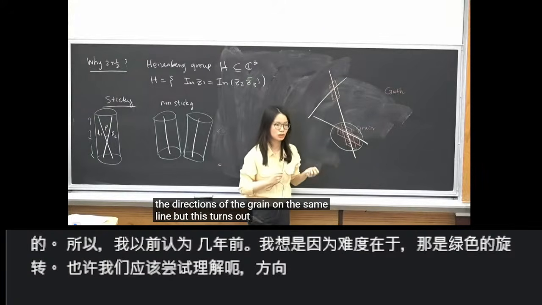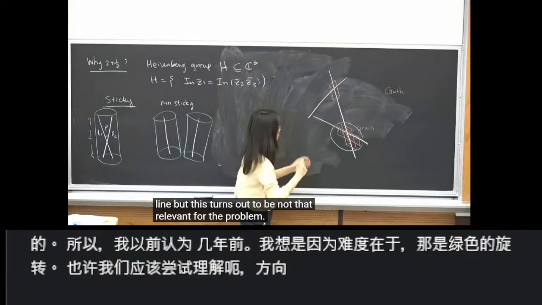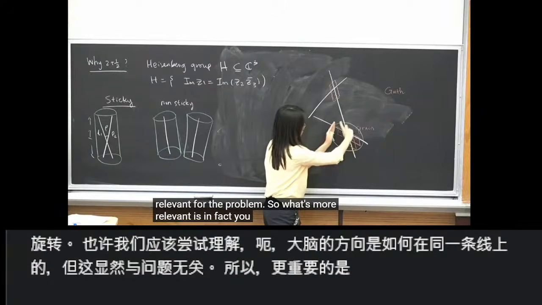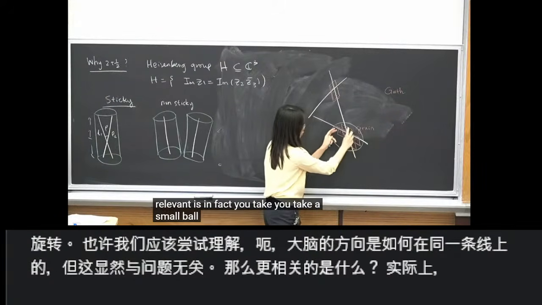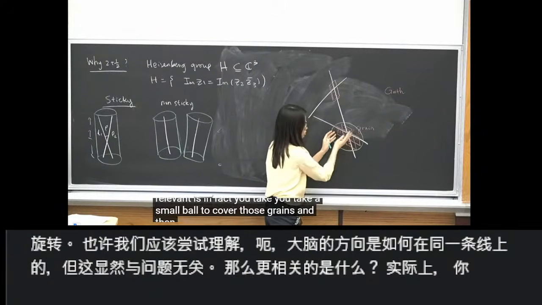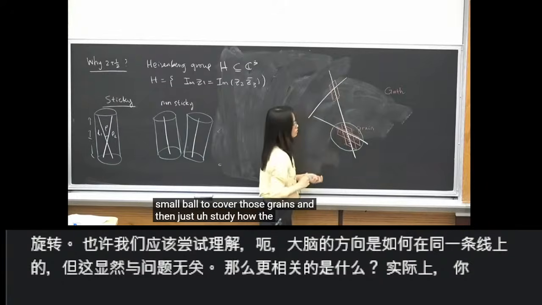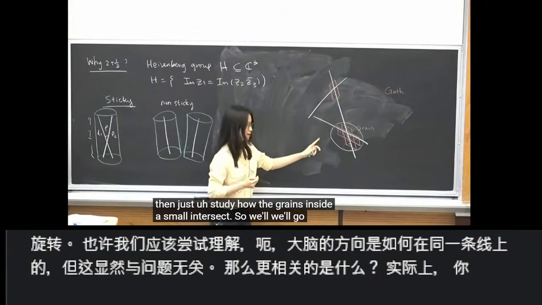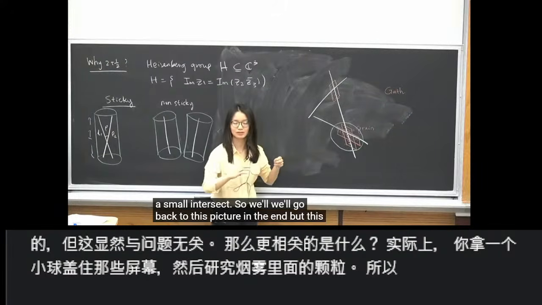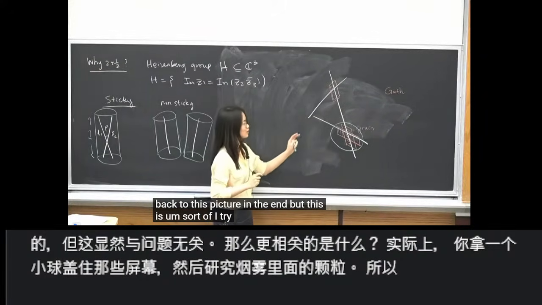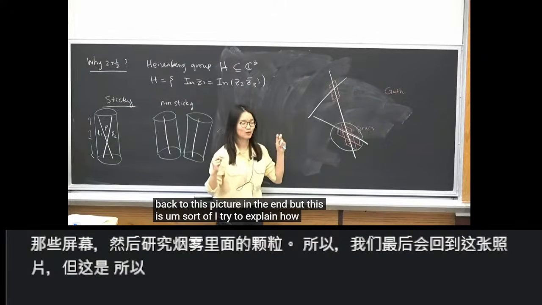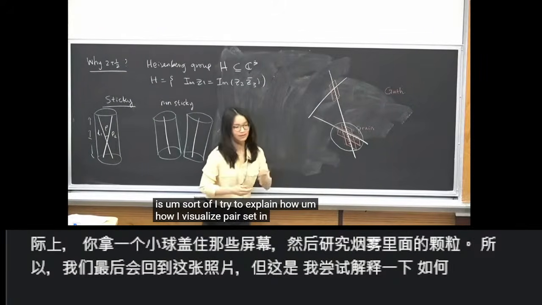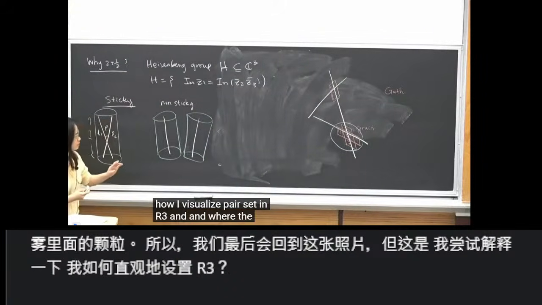But this turns out to be not that relevant for the problem. What's more relevant is, in fact, you take a small ball to cover those grains, and then just study how the grains inside the small ball intersect. So we'll go back to this picture in the end, but this is how I visualize a Kakeya set in R3 and where the difficulty is.